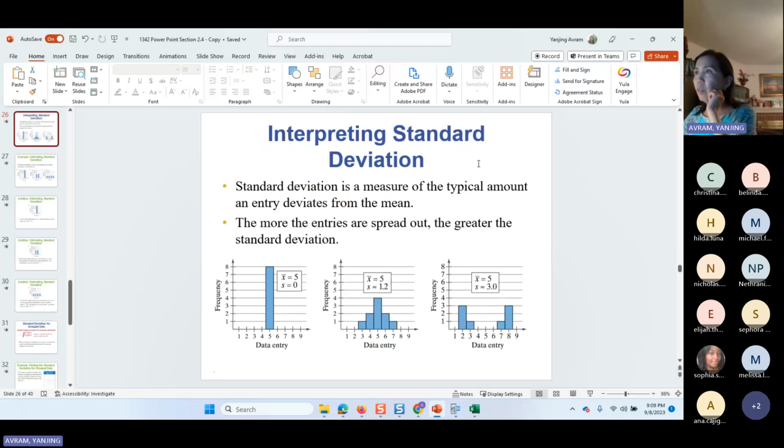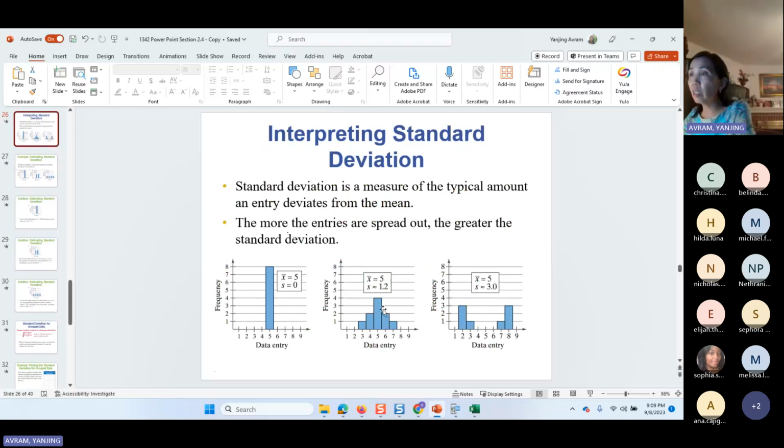Okay, so how do you interpret the standard deviation in here? Standard deviation is trying to see how far the data spread out. If the data spread out more, that means the standard deviation will be bigger. Look at this one. Everything is in the middle, so there's no spread, so your standard deviation will be 0.